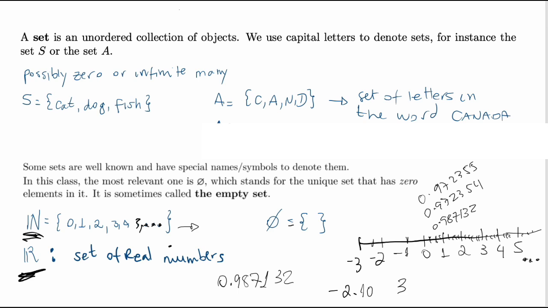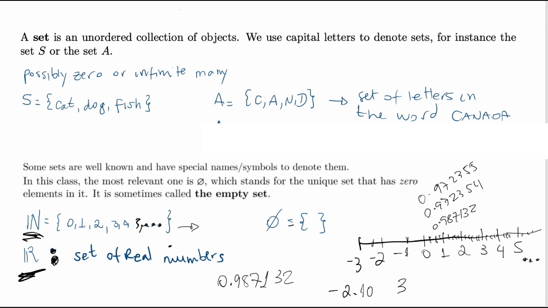And every set can be described with natural language. So for example, the reals, you will say reals, then you bring a colon, and say set of real numbers. Okay, so it's an English description for the set of real numbers.